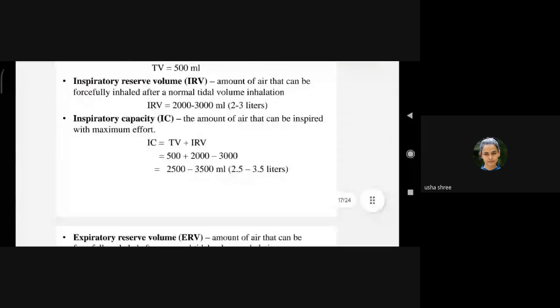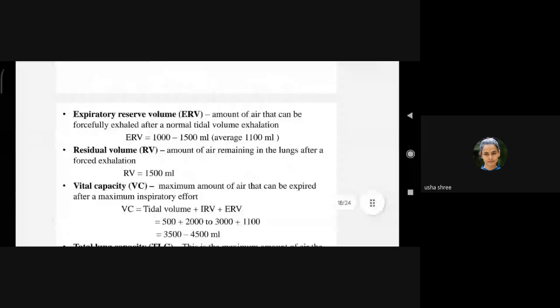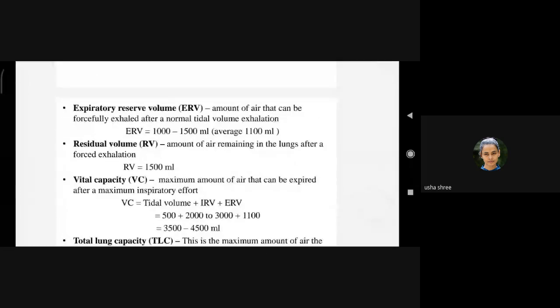Now, next, expiratory reserve volume. The amount of air that can be forcefully exhaled after normal tidal volume exhalation. And what is expiratory reserve volume? The amount is almost 1,000 to 1,500 ml.